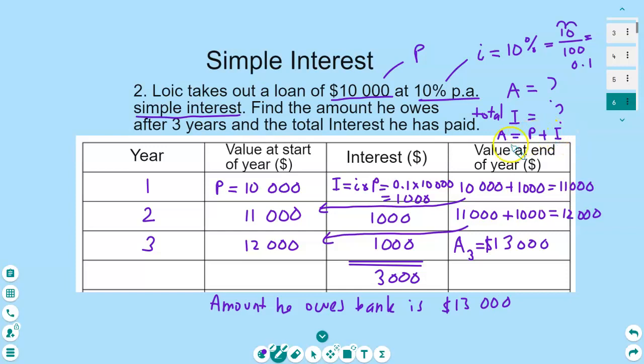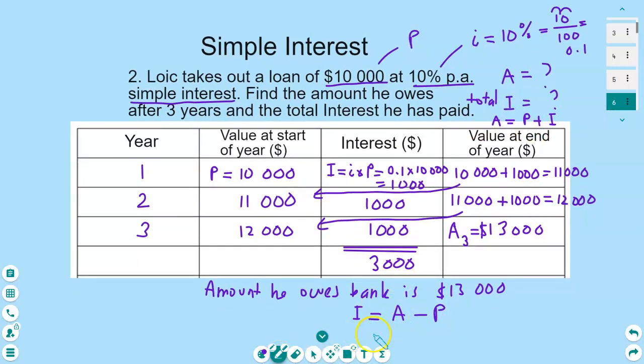You could also find the interest paid using this formula. So I'll just say, okay, I equals A take P, rearranging. Get that P on the other side, makes it negative. Okay. What was his amount? It was 13,000 at the end of year 3.